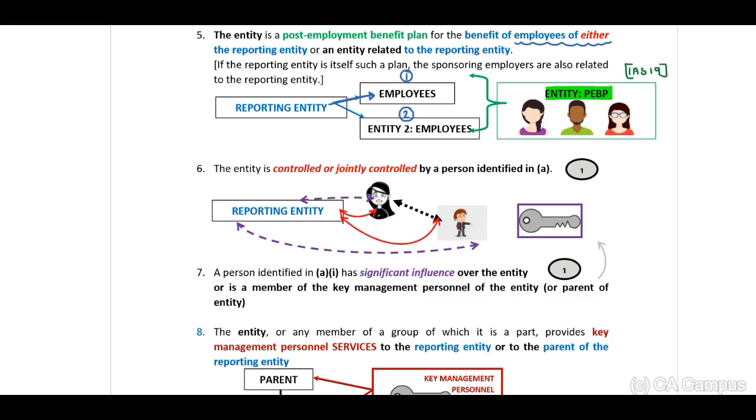Now, guys, if the reporting entity itself is such a plan, the sponsoring employees are also related to the reporting entity. What you need to do in a theory question is identify first if there is a post-employment benefit plan. If yes, then include a diagram to ensure that you apply this paragraph correctly.